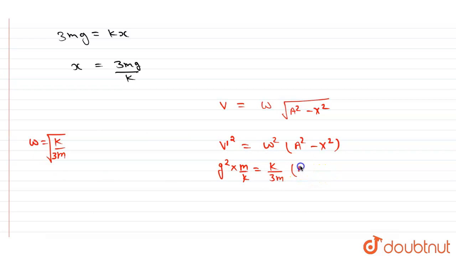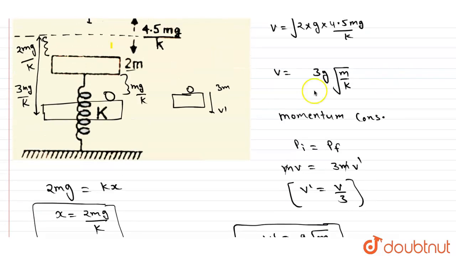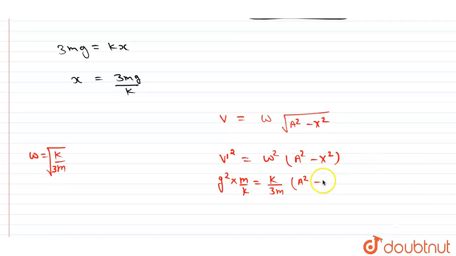Understood? Now similarly, a square minus x square is what? As we have found here, x is mg by k. It is the distance which is traveled from this position to this position, which is mg by k. So x square can be written as m square g square divided by k square.